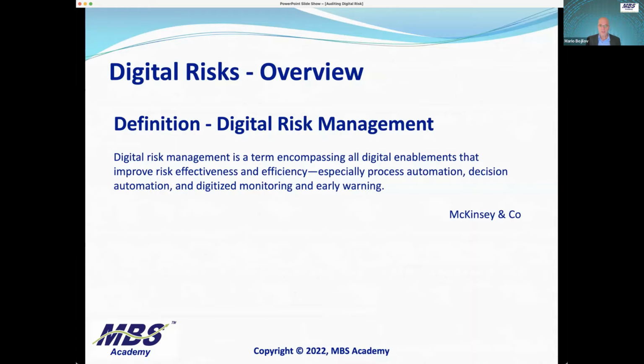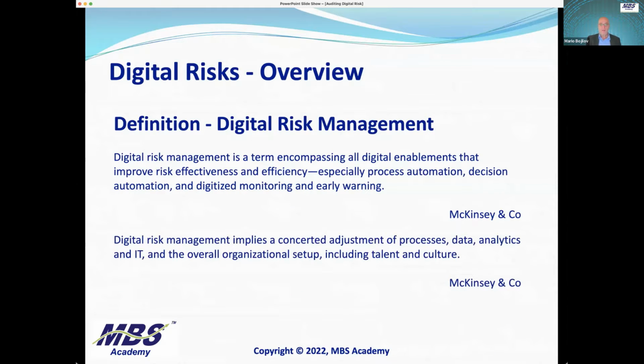So all of these things require a new approach. So looking at digital risk, we need to apply digital approaches as well. And again, according to McKinsey, there are a number of factors that are part of digital risk management that we need to keep in mind when looking at what we can do with digital risk management.